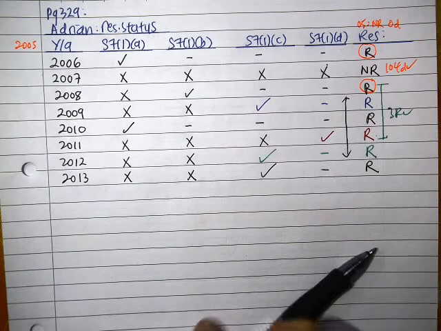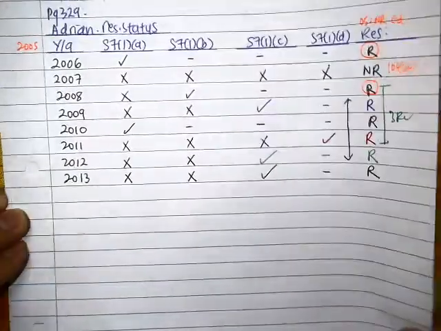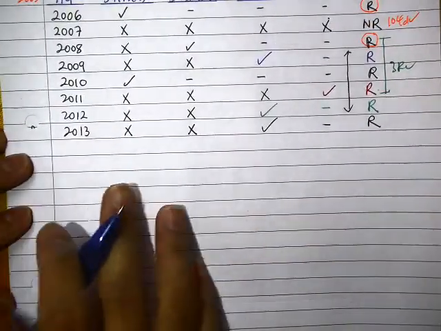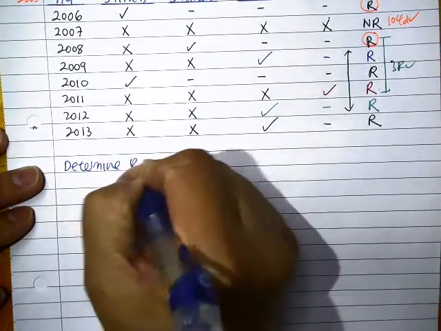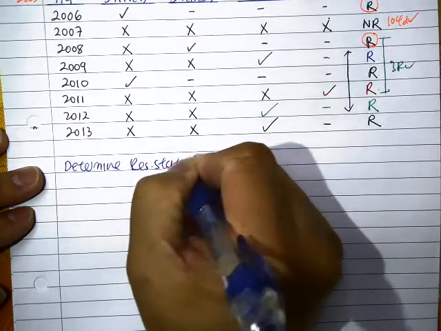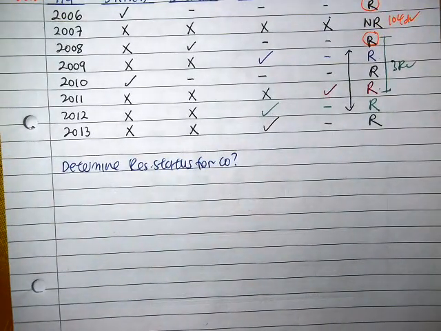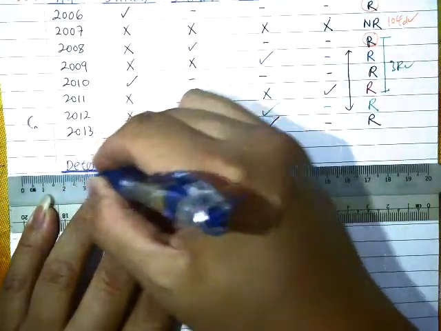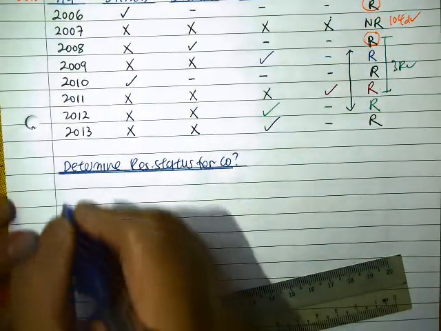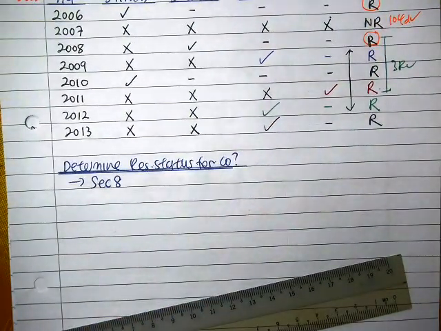Follow? Alright. Now to determine resident status for an individual, we look at the number of days. How do you determine resident status for a company then? Now, the resident status for a company is based on section 8 of the Act.